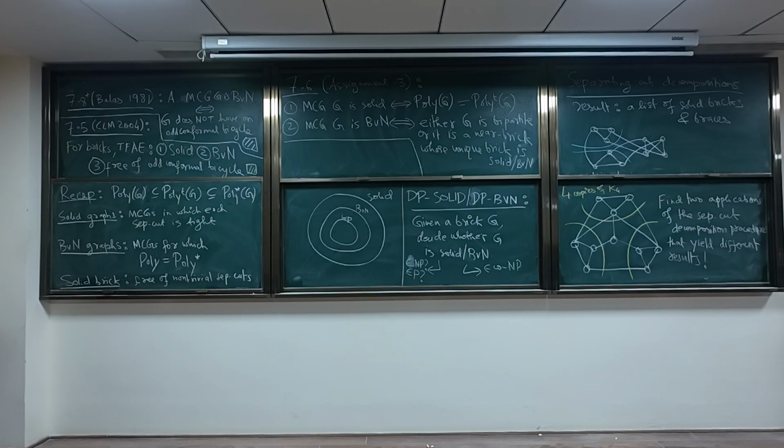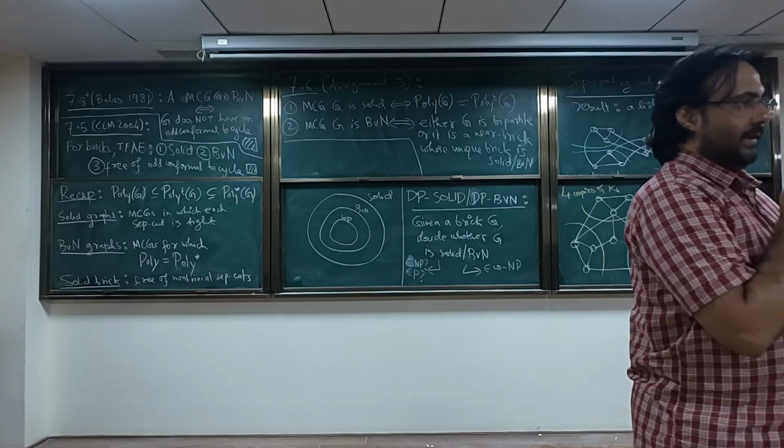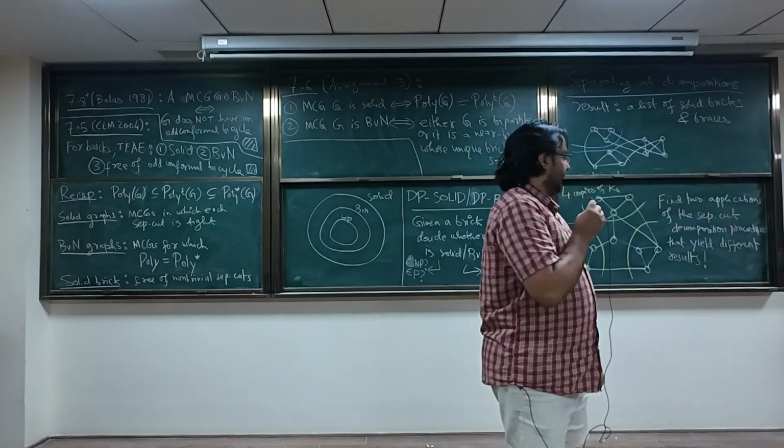Right, so the final hint is find two vertex joined 5 cycles. If you can find two vertex joined 5 cycles in this graph on 10 vertices, the cut separating them will be a separating cut, and in fact that works.